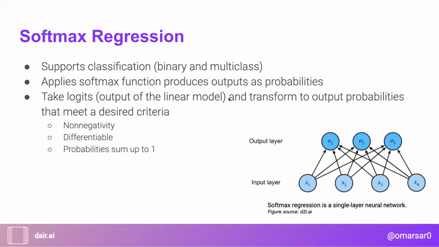So we need something else, and we need to transform those into output probabilities, right?